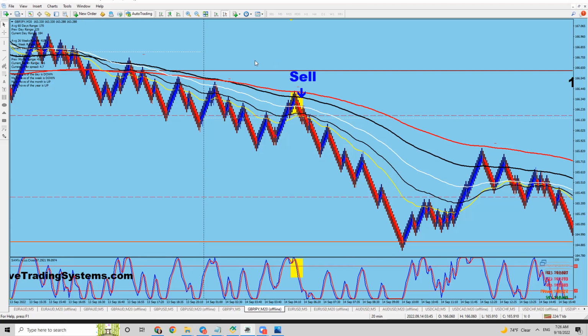So I just showed you that I took 3 trades last week on this pair. I have so many other trades, but I'm just showing only this pair, keeping in my head that the range is 170. Every time I made an entry, I went for that daily range target.